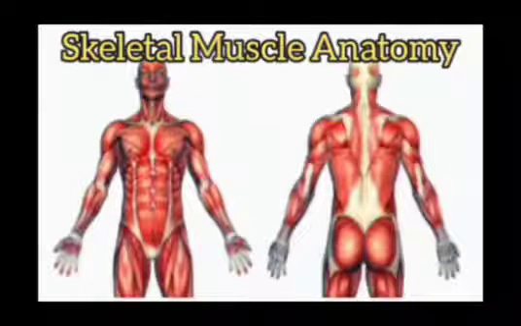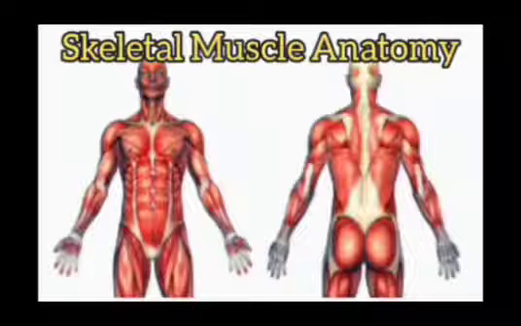The name of a specific muscle is based on at least 7 characteristics. You have the location, the size, the shape, orientation of fascicles, origin and insertion, the number of heads, and function.